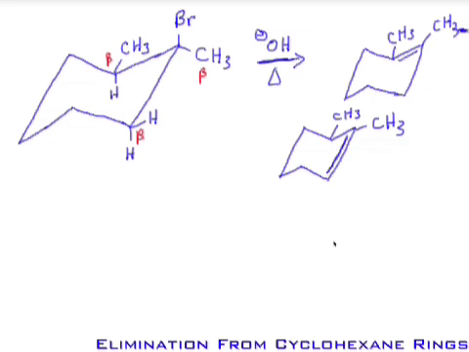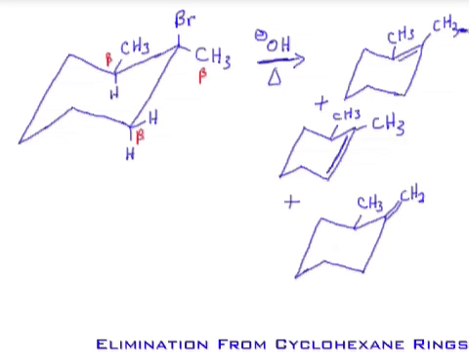And lastly, if I pull the H off the beta carbon that is the methyl, off of the ring, I will get that. So I get that plus that.